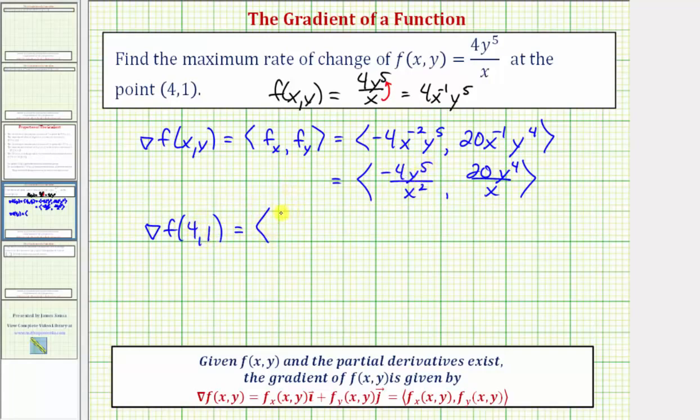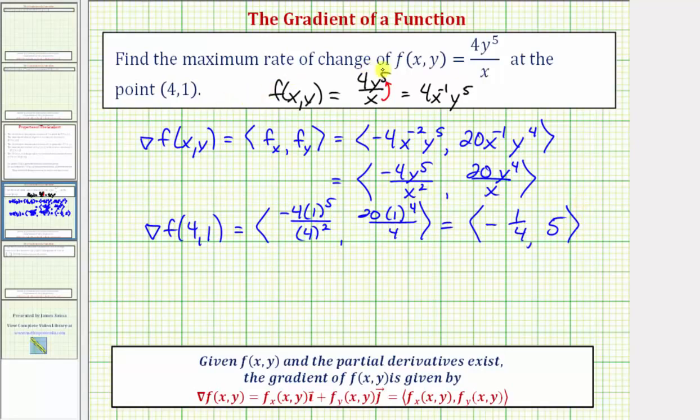So the x component would be negative 4 times 1 to the fifth divided by 4 squared. And the y component would be 20 times 1 to the fourth divided by x, which is 4. So simplifying, this would be negative 4 over 16, or negative 1/4. And here we just have 20 divided by 4, which equals 5.